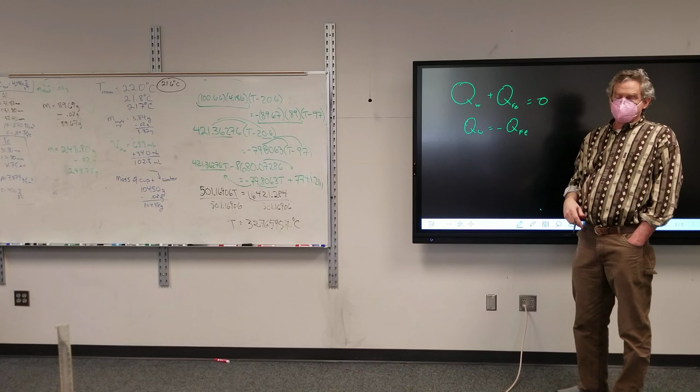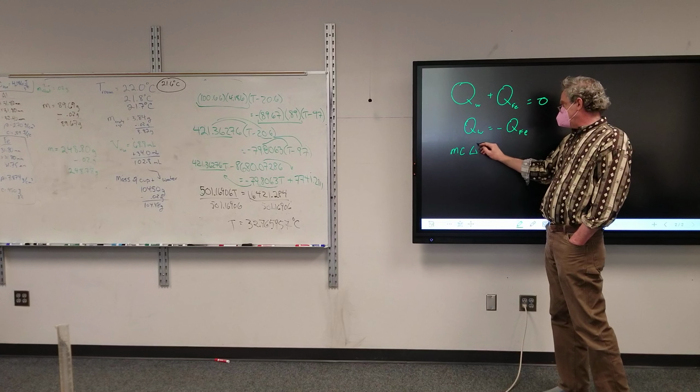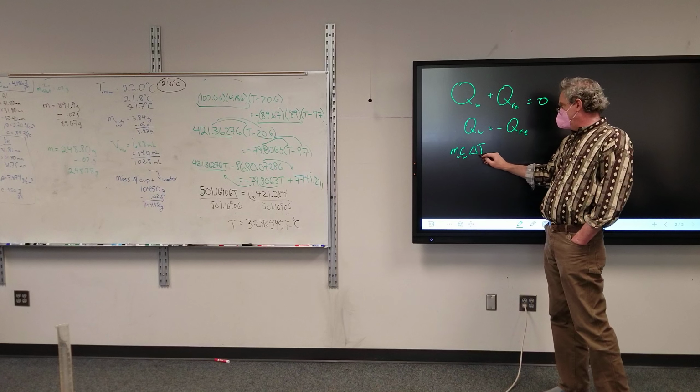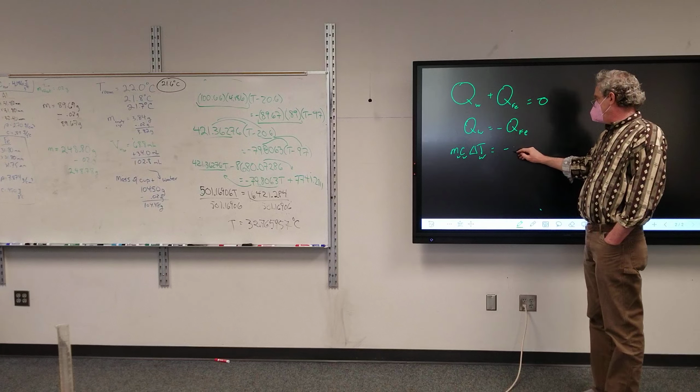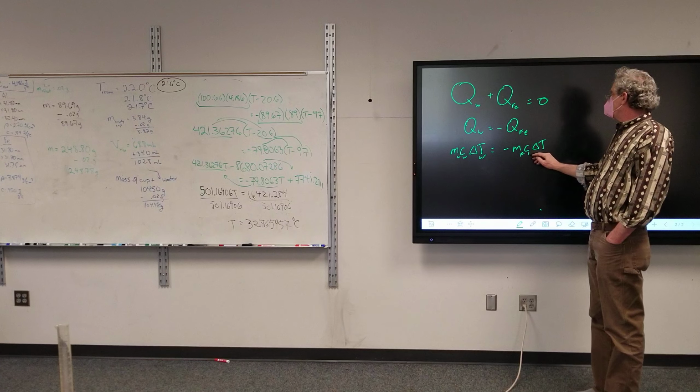The formula: m c delta T of the water is equal to the negative m c delta T for the iron. Just shorten it to F.